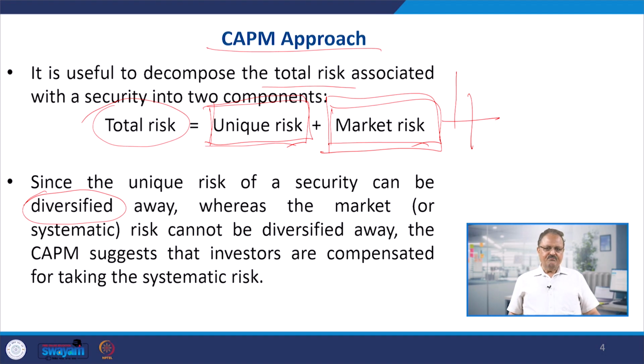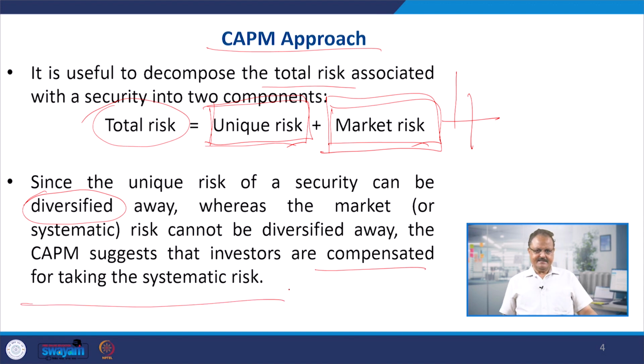It is clearly given here that the unique risk of a security can be diversified away, whereas the market or systematic risk cannot be diversified away, and CAPM suggests that investors are compensated for taking the systematic risk. It means, as per the capital asset pricing model, when you are not able to manage the market risk, you need to be compensated for that.